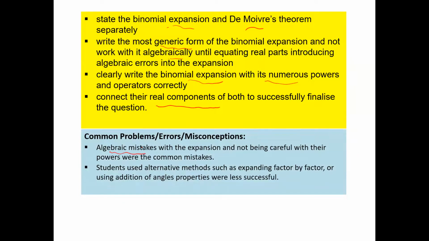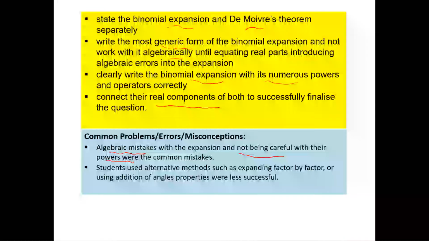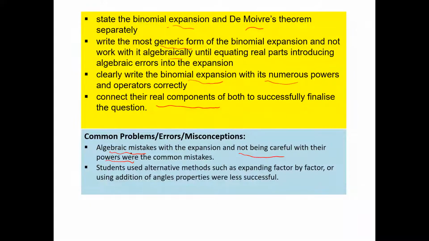Common problems: algebraic mistakes with the expansion, and not being careful with powers. Students who used alternate methods, such as expanding factor by factor or using addition of angles properties, were less successful.